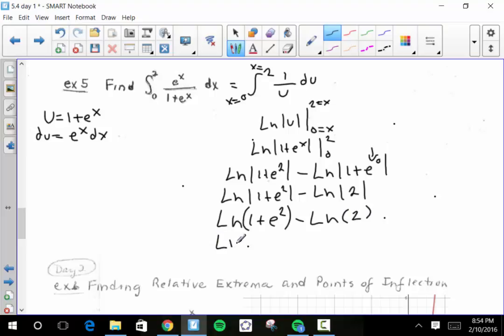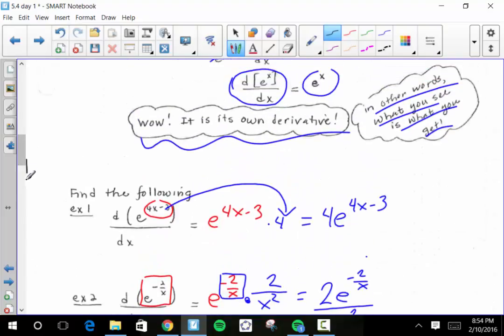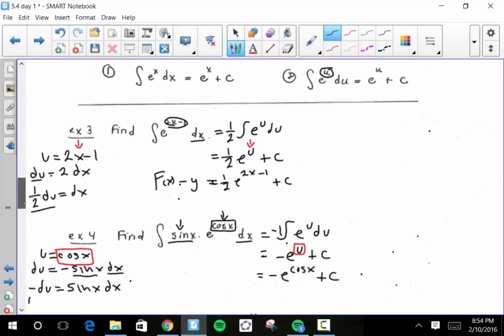So we can say this is natural log of (1 plus e squared) all over 2. Now we got it all as one little function, nice and clean and neat. We just box it and call it a day. So there you go. That is how you not only take the derivative of functions of e to the x, like we did up here, but it's also how you integrate those functions as well.